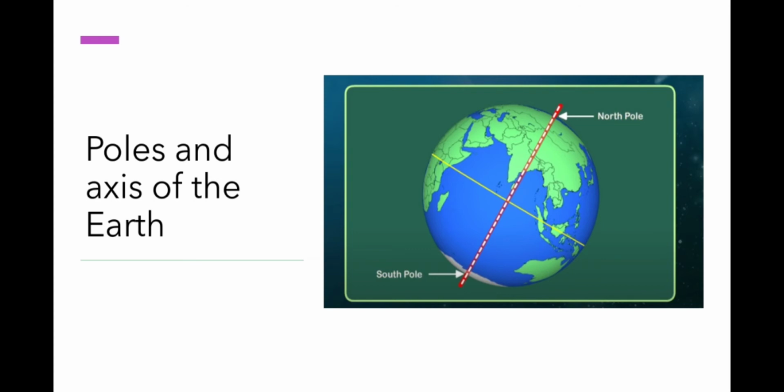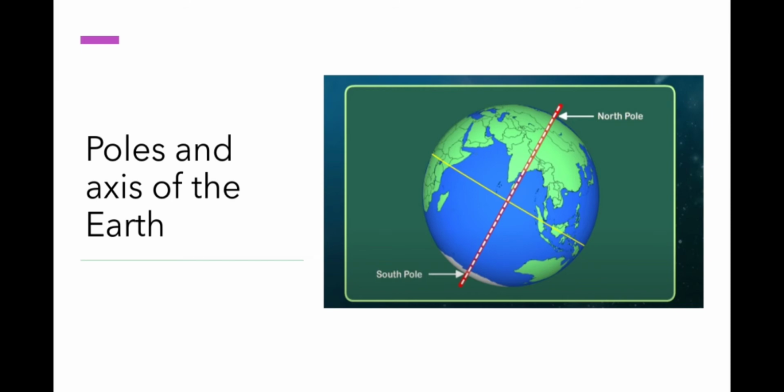You can see there a dotted line that is called the Earth's axis. It is an imaginary line which passes through the center of the Earth, joining North Pole and South Pole. It is represented by a dotted line.